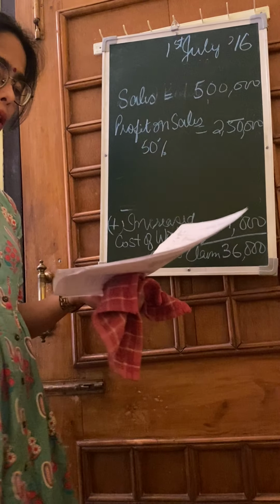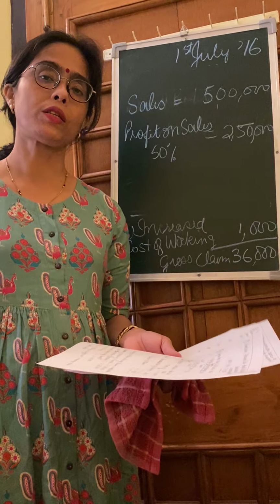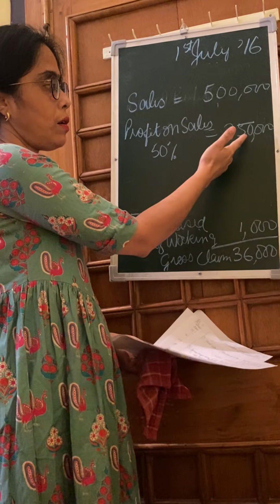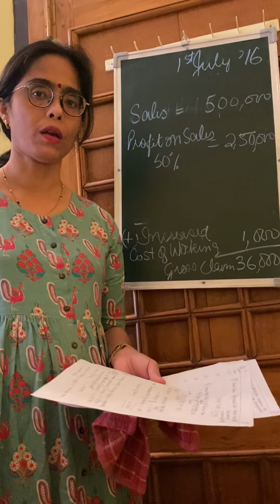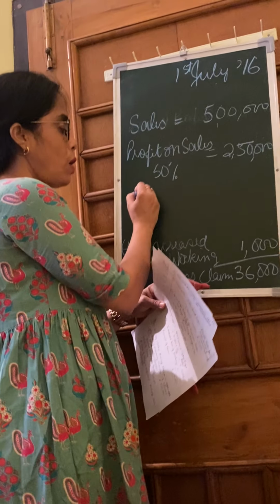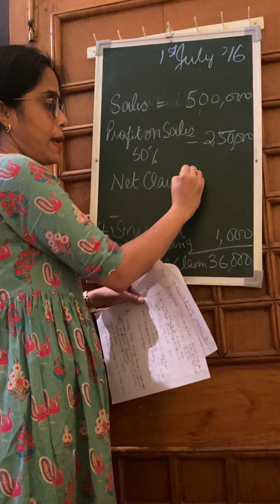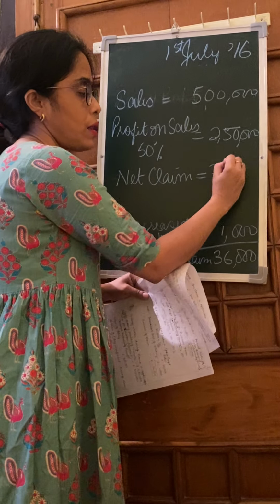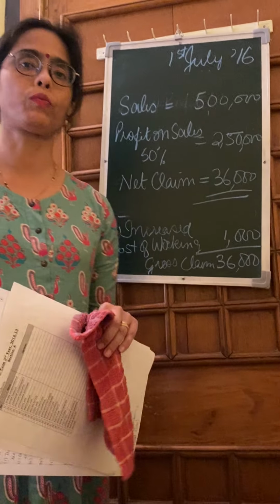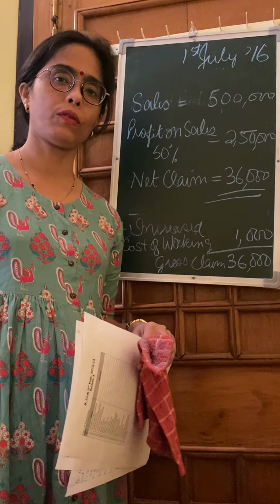So we could have earned that, and our policy value is 3 lakhs. The policy value is well enough to pay off 2,50,000. So therefore we don't have to apply our average clause. So our net claim is rupees 36,000. Okay, that's it for today. Thank you.